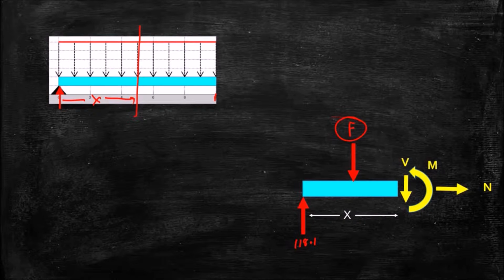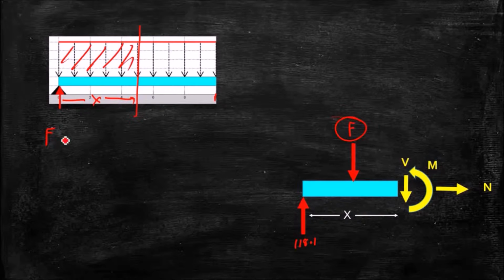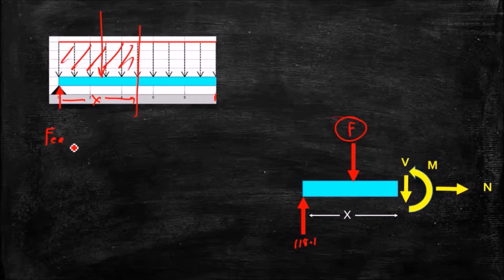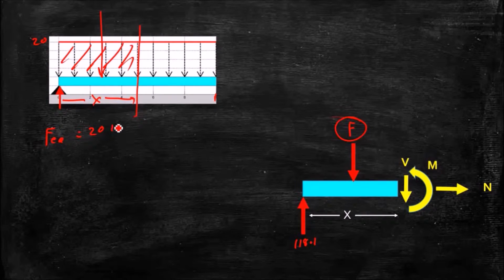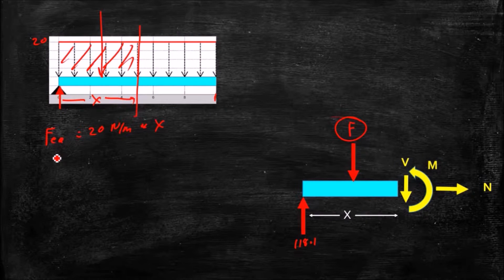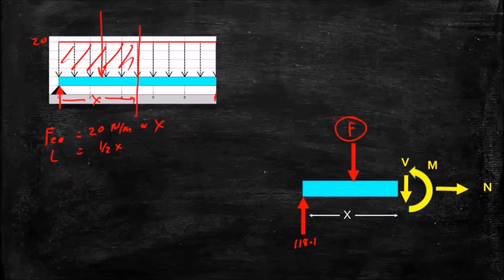So if I just first calculate my force for the loading on a subsection here, I can convert that to a single equivalent force. My force equivalent is equal to this 20 newtons per meter loading times the distance x to that section, and the location will be at basically 1/2 x since it's a triangle.